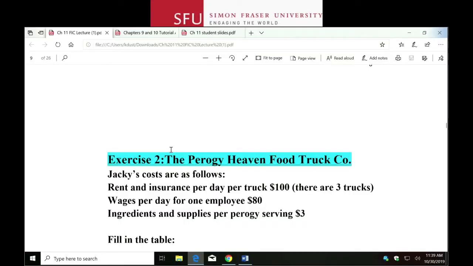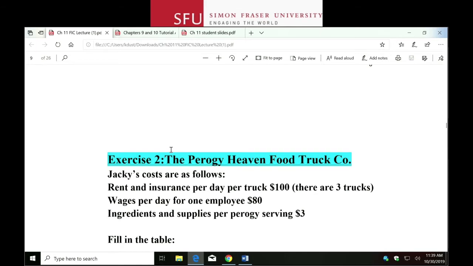And there are 3 trucks, so this will be his fixed cost, so $300. And then wages and ingredients and supplies. So these will be the 2 variable costs here, $80 per worker and $3 per unit. Okay, so fill in the table.